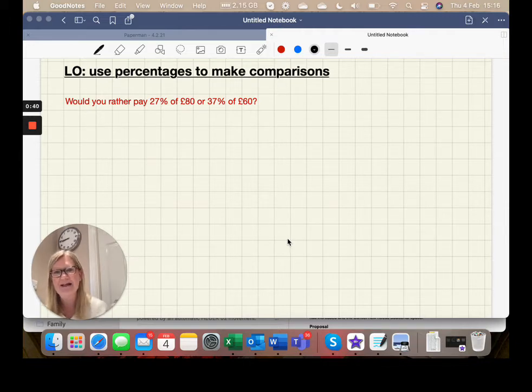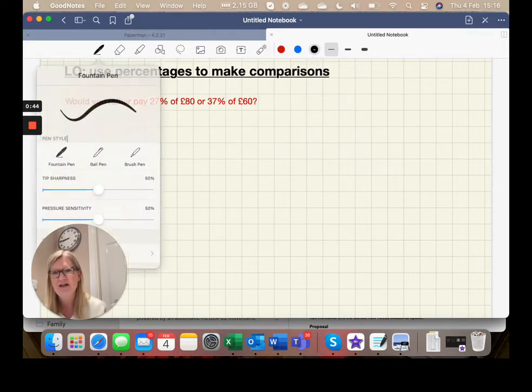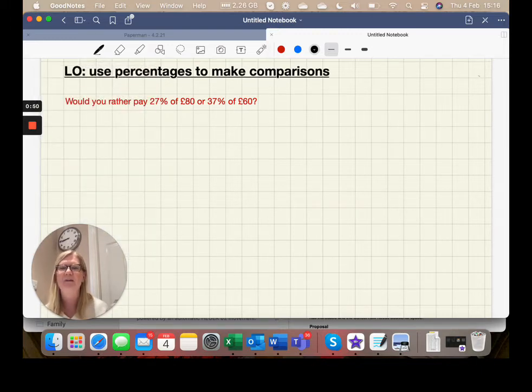Right, let's see if we agree on how we're going to do this. So before we can make any comparison, we need to know the value of both of these terms. So 27% of £80 and 37% of £60. Now remember, when you're finding a percentage, you are finding a fraction, a part of an amount.